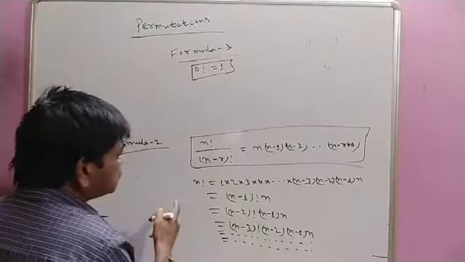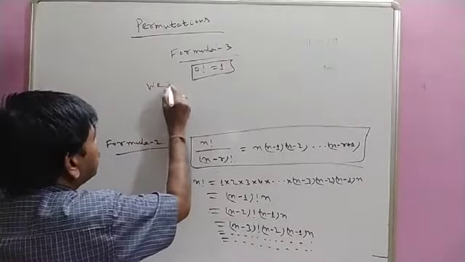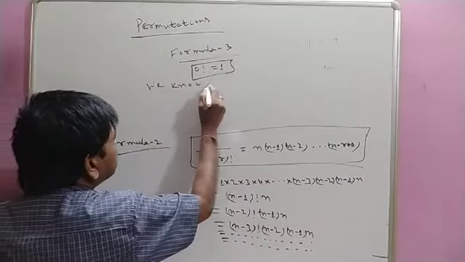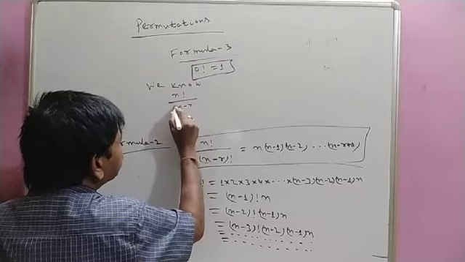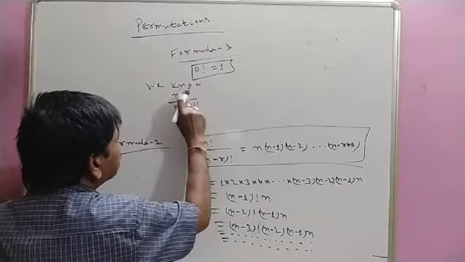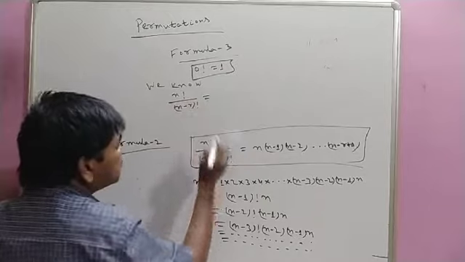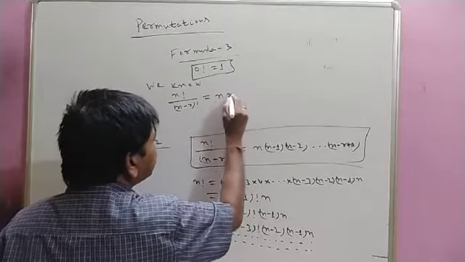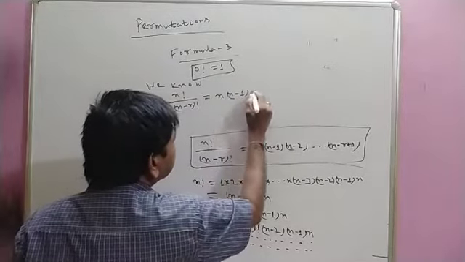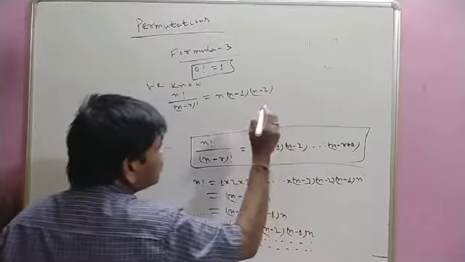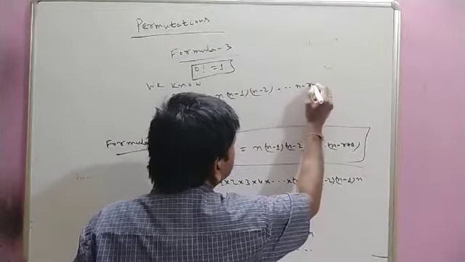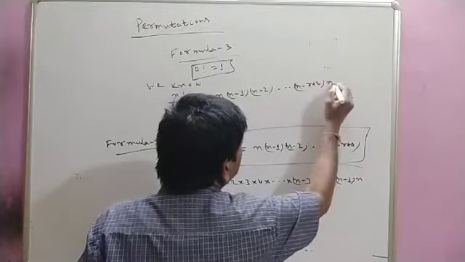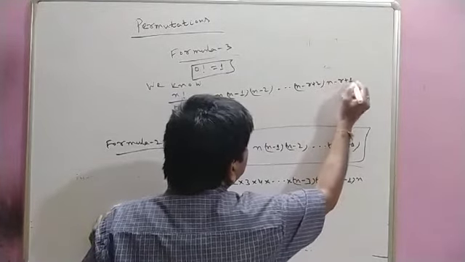We know n factorial divided by n minus r factorial is equal to n into n minus 1 into n minus 2 up to n minus r plus 1. So before this, n minus r plus 2 into n minus r plus 1.